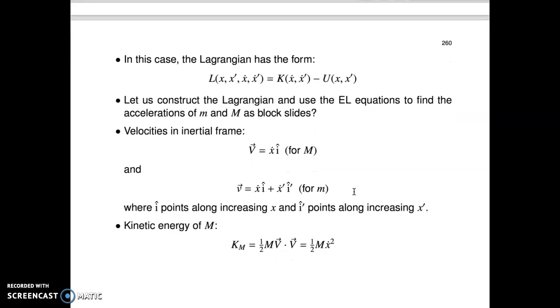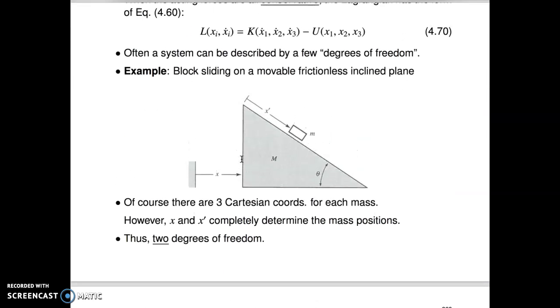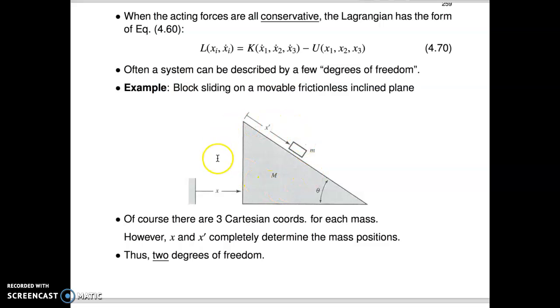The Lagrangian has the kinetic and potential energy parts. We need to calculate the velocity in the inertial frame of reference. The inertial frame in this case is just the frame of reference that we're looking at this system from.